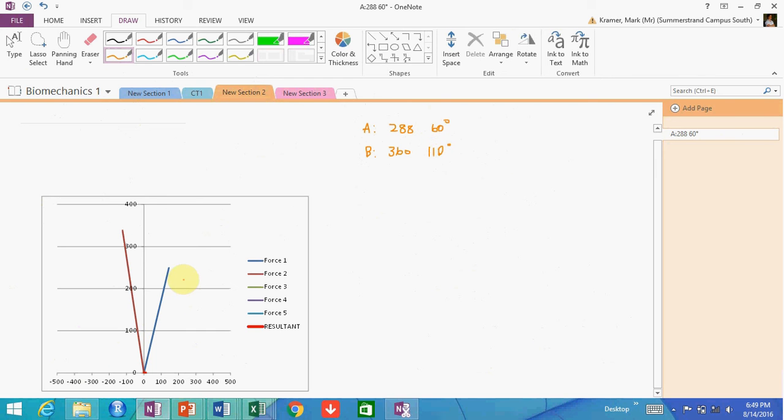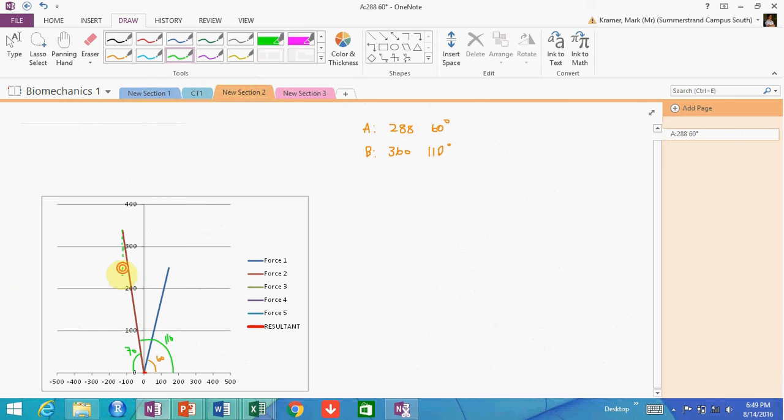Okay, so the 60, like I said, just to make it abundantly clear, was taken as this, was my 60 degrees, and then my 110 degrees was also taken relative to the horizontal, so this over here is 110 degrees. But in essence that means this angle over here is 70 degrees, right?